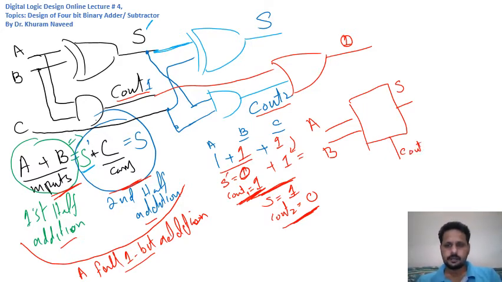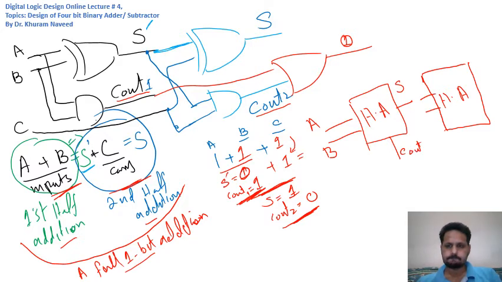And suppose this is another HA half adder, and it also has two inputs.